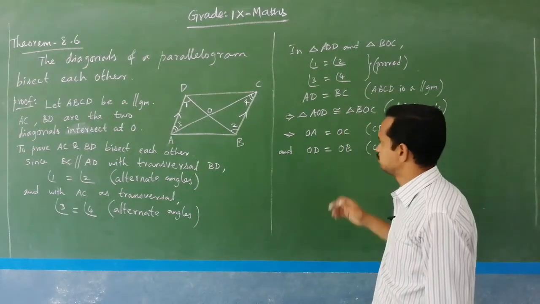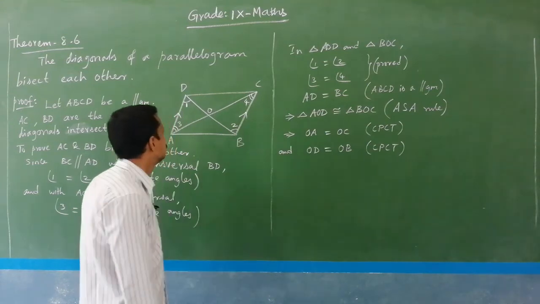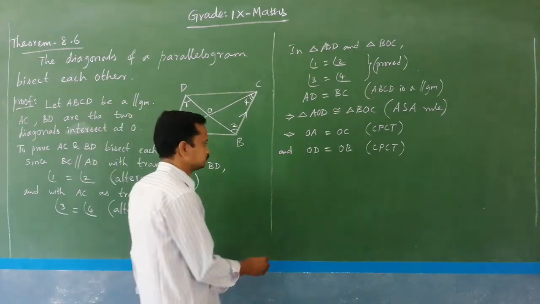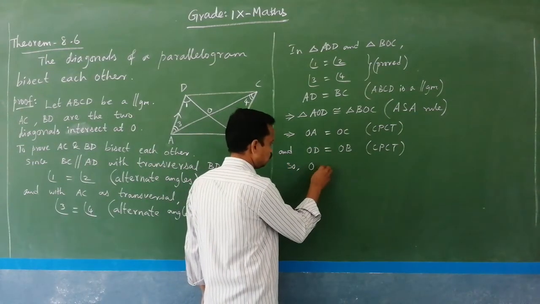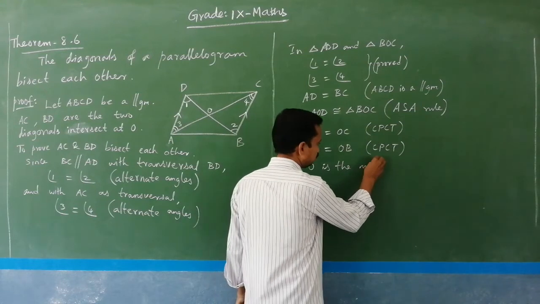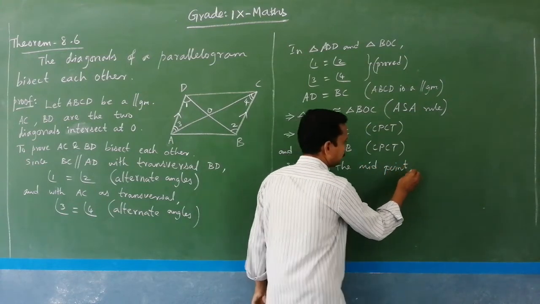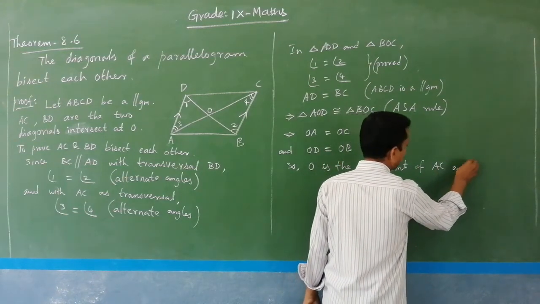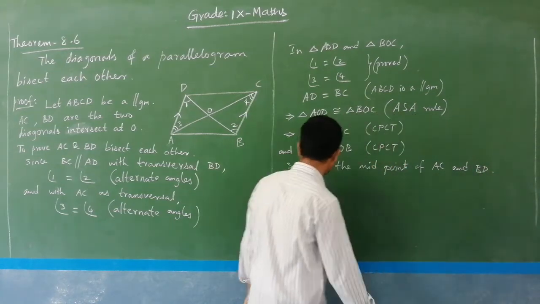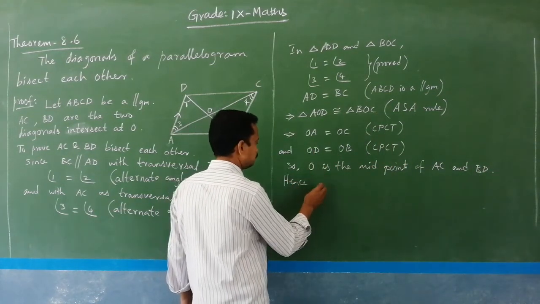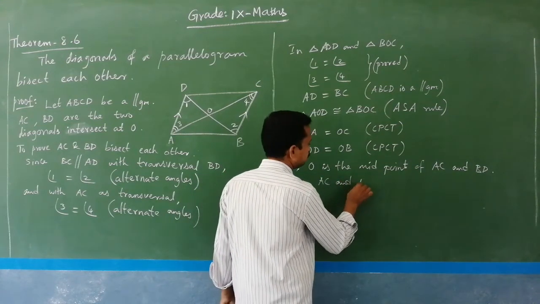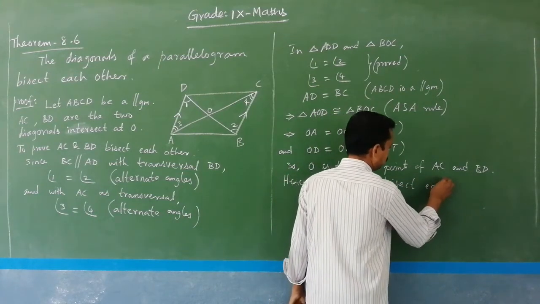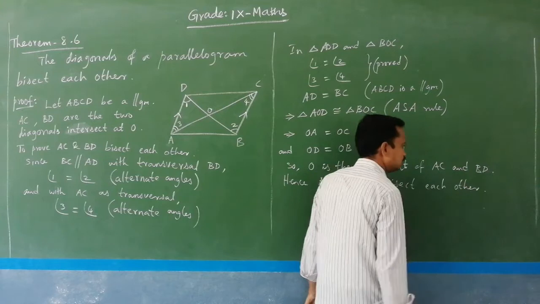So, after telling this, now we have O is the midpoint of AC and also BD. Hence, AC and BD bisect each other. They are the diagonals. They bisect each other. So, like that we can prove.